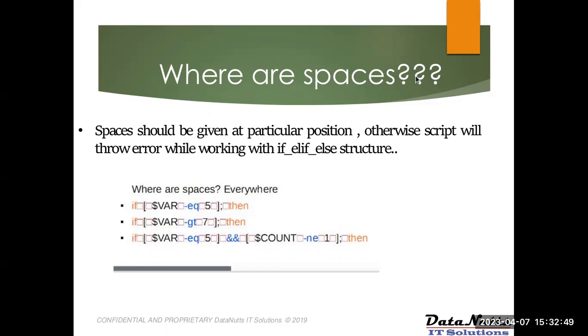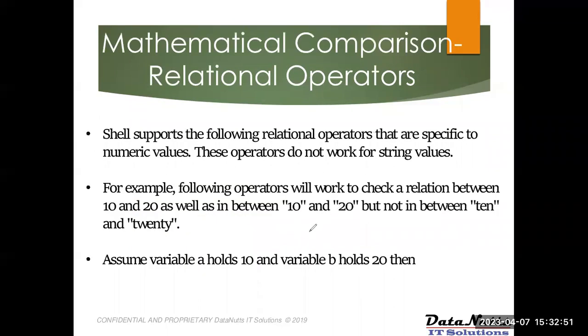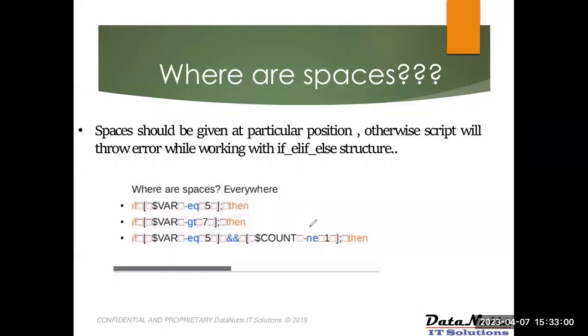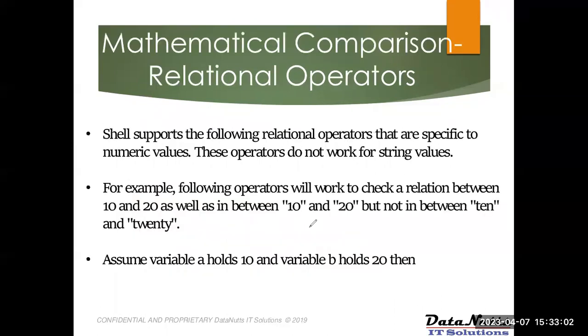Now, while writing logic in shell scripting with the if-elif-else structure, we have to make use of different relational operators. In order to make mathematical comparisons, we have to use relational operators.